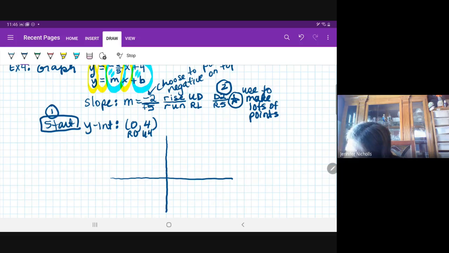And then make sure each square is worth 1. Okay, so we'll number up to 5, but usually I just number up to 3. But every square has to be worth 1.